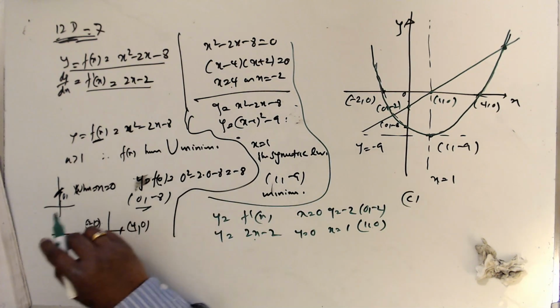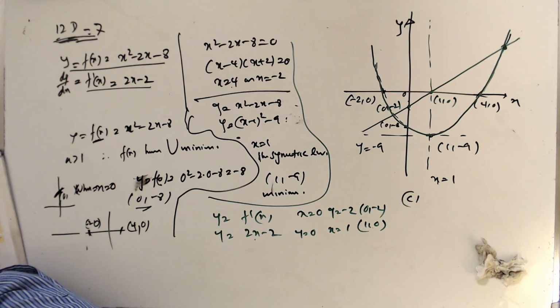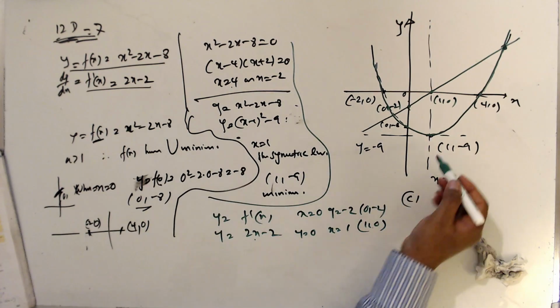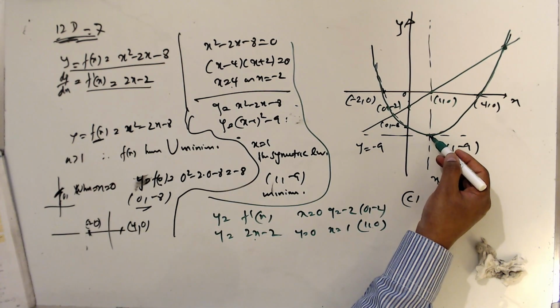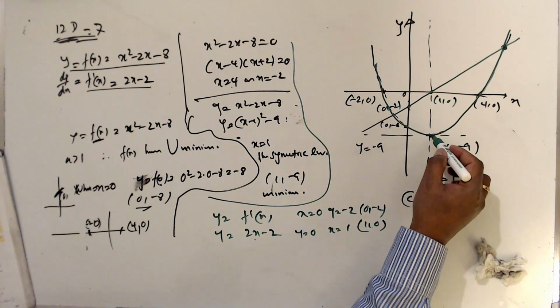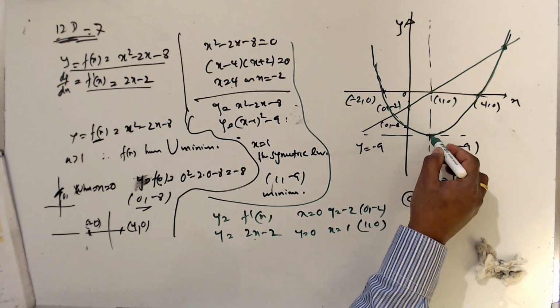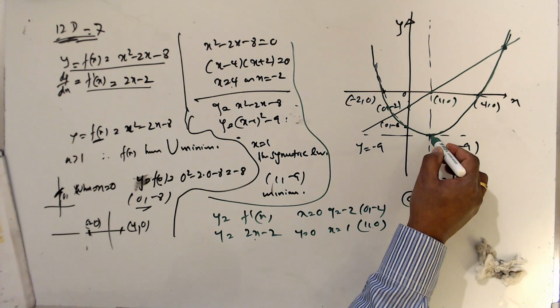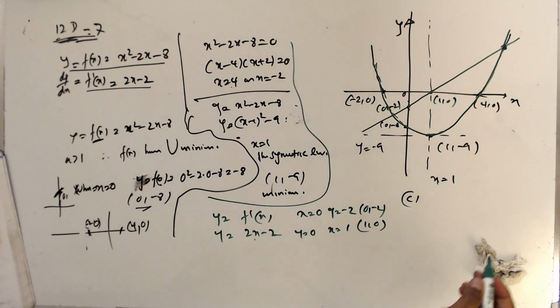Now part C: explain why the x-coordinate of the turning point of y equals f(x) is the same as the x-coordinate of the point where y equals f'(x) crosses.